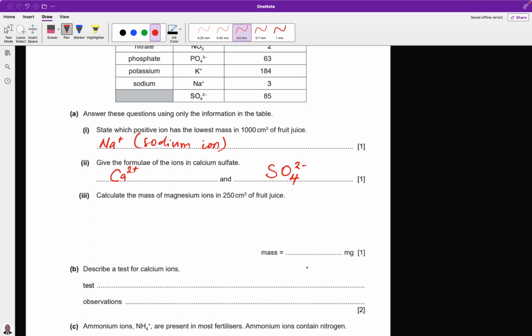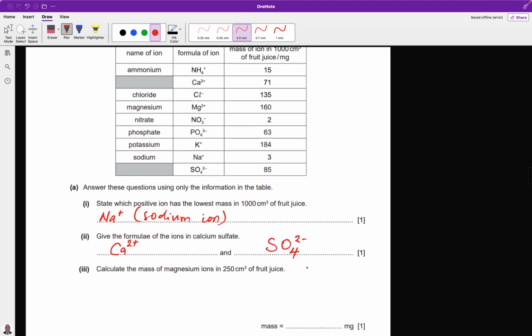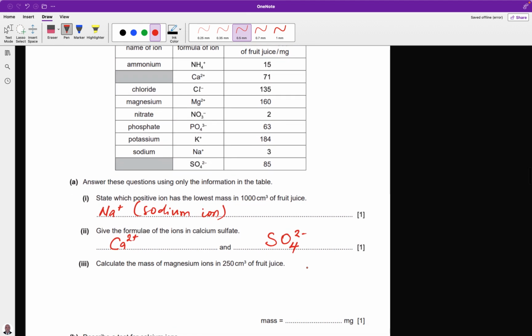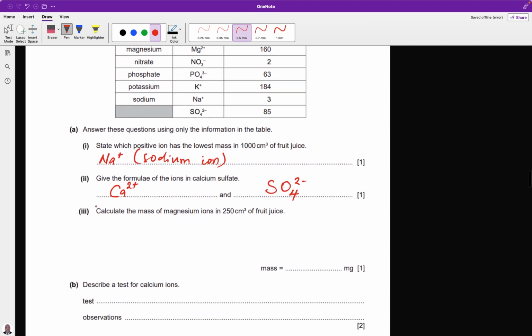Now, calculate the mass of magnesium ion in 250 cm cube of fruit juice. We can now say in 250 cm cube, the mass of magnesium. What is the mass? Magnesium has 160 mg. We can say a simple proportion is very simple.